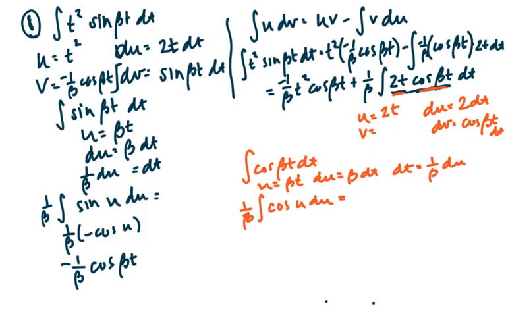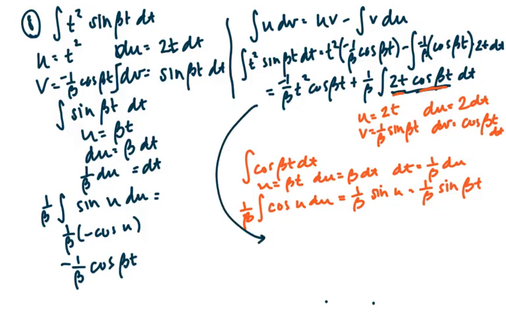I kind of rearranged and moved things around, so pause and think about it. Equals 1 over beta, and the integration of cosine is sine u. So we have 1 over beta sine beta t. So that means we can move back into our integral.